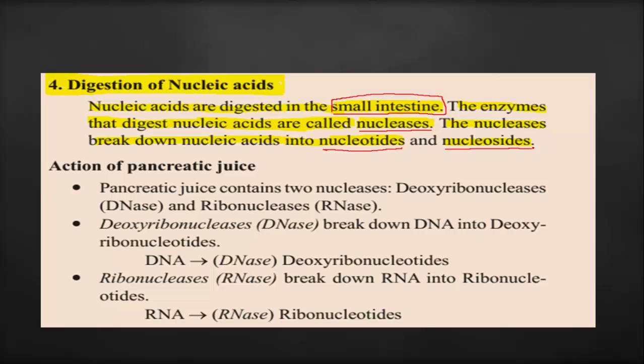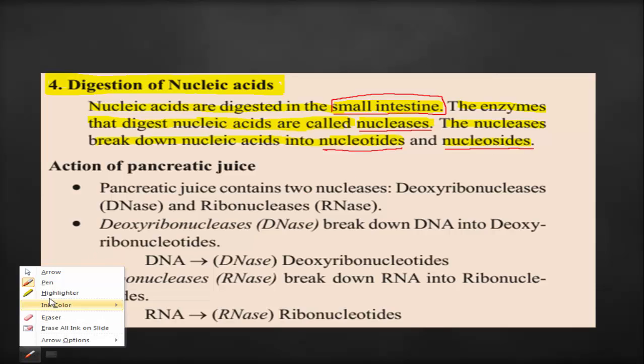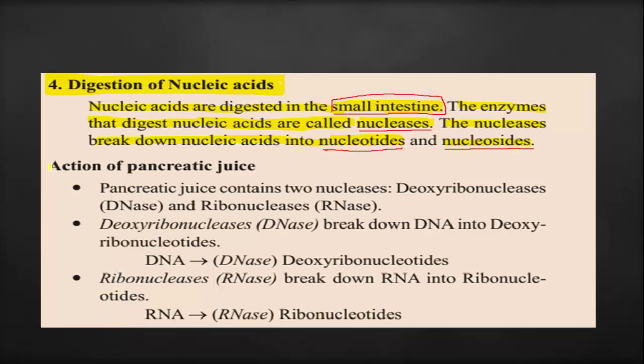These are the first things to remember. Then, what happens when the nucleic acids are exposed to the action of pancreatic juice? Pancreatic juice acts on the food only in the small intestine because the food does not enter into the pancreas as well as the liver, so that bile juice as well as pancreatic juice act on the food particles in the small intestine.